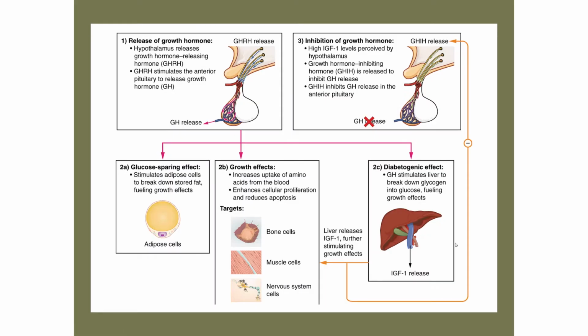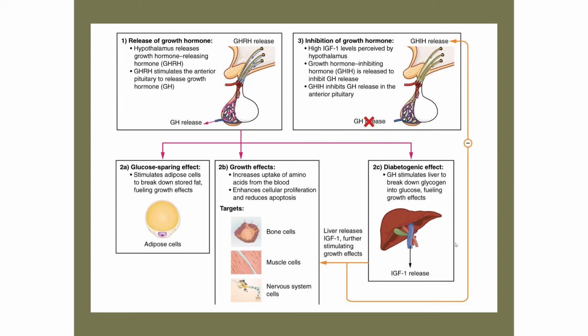So how is growth hormone regulated? We have the hypothalamus, which senses the amount of growth hormone that's circulating in the body. If there is not enough, the hypothalamus releases growth hormone releasing hormone, which then stimulates the release of growth hormone from the pituitary.